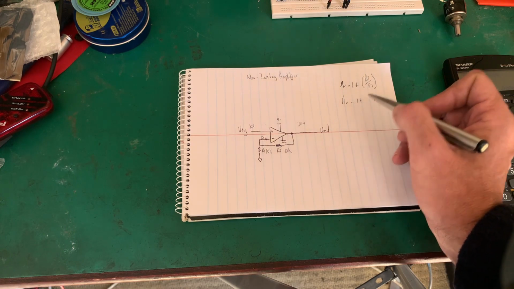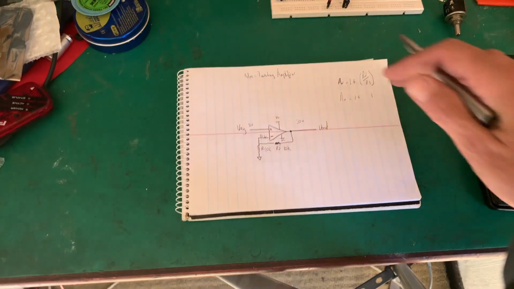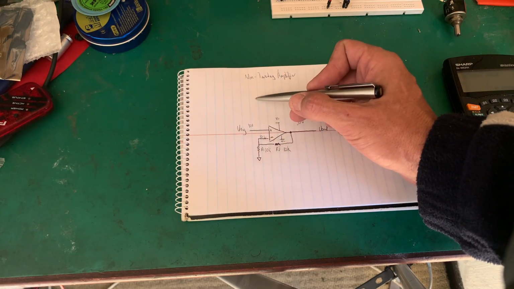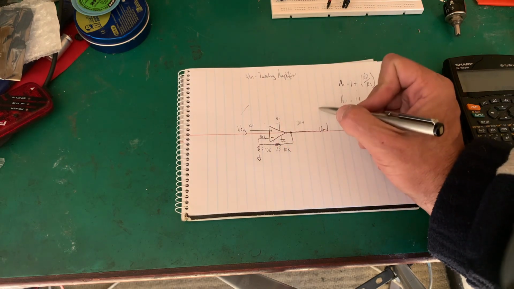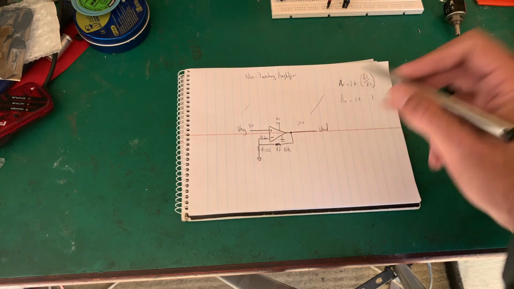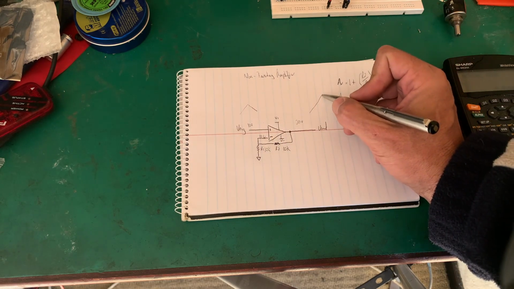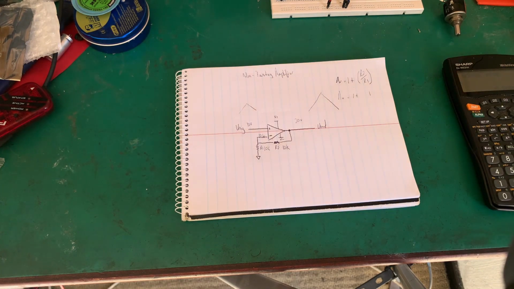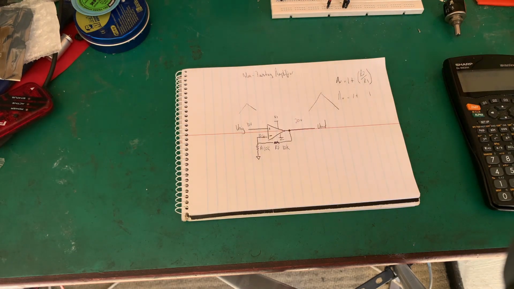So that gives us our 1 plus the ratio of that will decide our gain. Non-inverting amplifier, as this signal goes up, this will be in phase. So if this is doing that, the output is doing that, but with whatever the gain is. The input does that, the output would do that. Again, in relation to the input and with that gain.